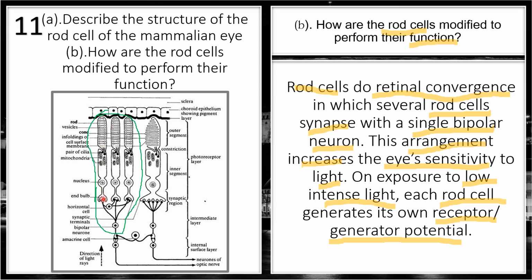Each one is going to generate its receptor or generator potential. And all of them, when they generate, their potentials will be joined together and passed over to one bipolar neuron. So it will be like summing up so that they can increase the action potential.